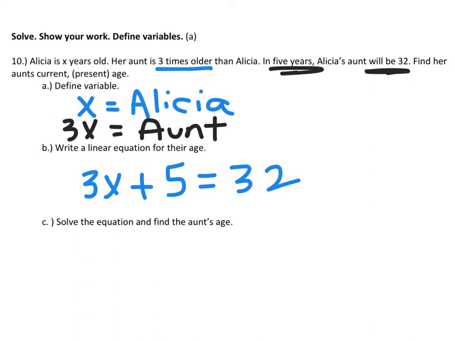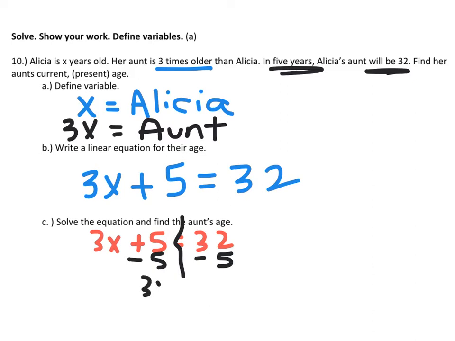Then we have to solve that equation to find out her aunt's age right now. Not hard to do. We're going to subtract 5 on both sides. And that leaves us with 3x is 27. Divide by 3, divide by 3, x is 9.